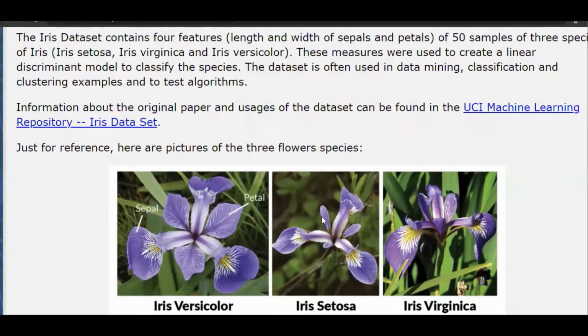Through numbers only it will go. Now here length, breadth, here length, breadth, right? So what will happen is, suppose you have a setosa kind, but all others are small. Here it's big, okay?